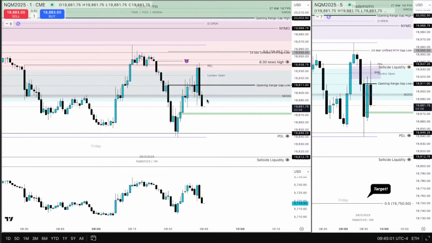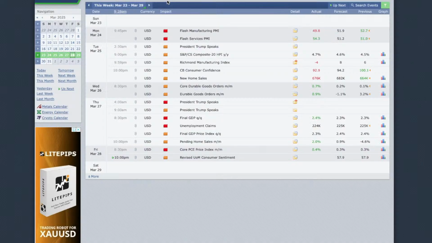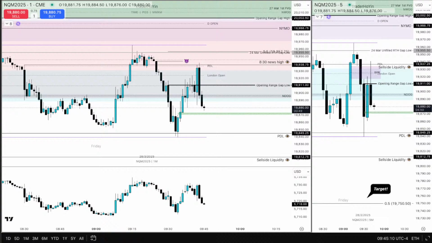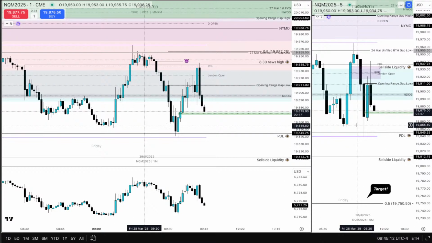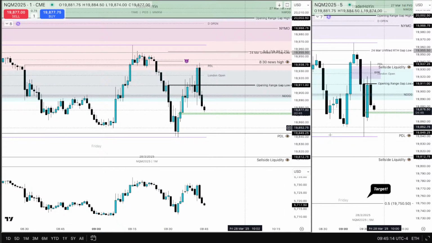Yeah, 10 a.m. news. Is it? It's consumer sentiment. It's an orange folder, so medium impact.